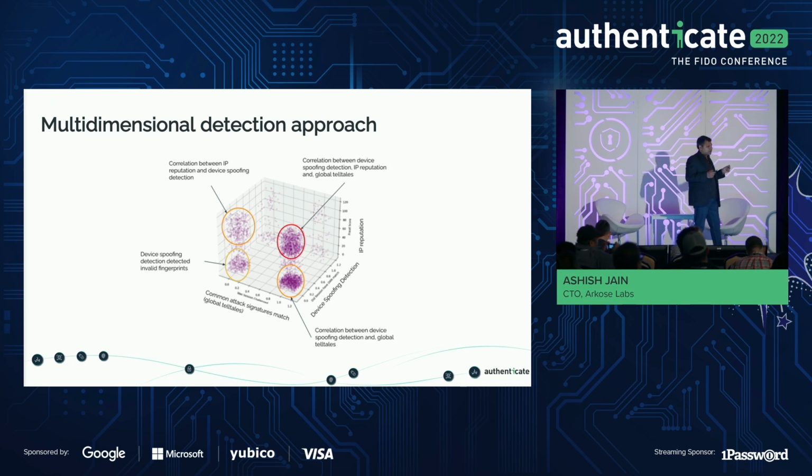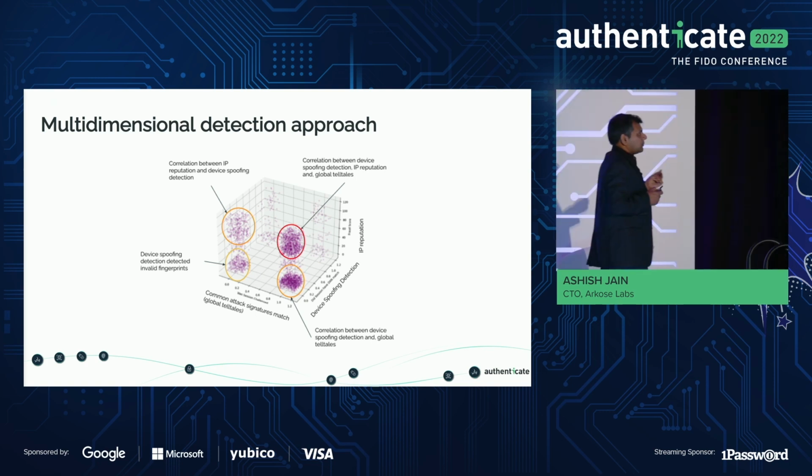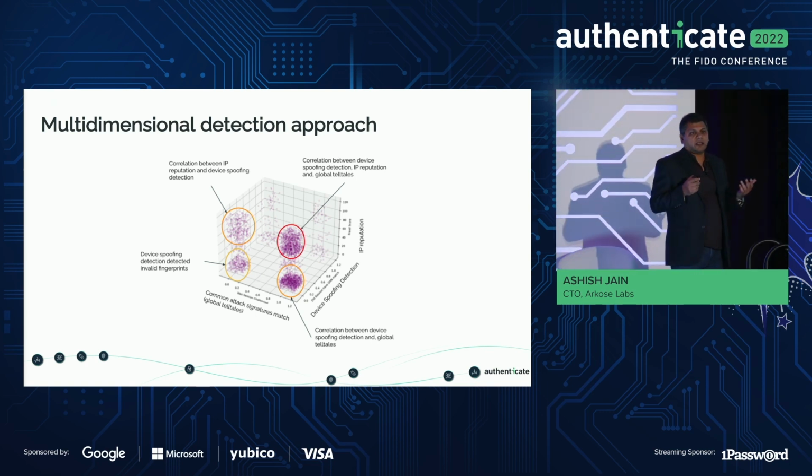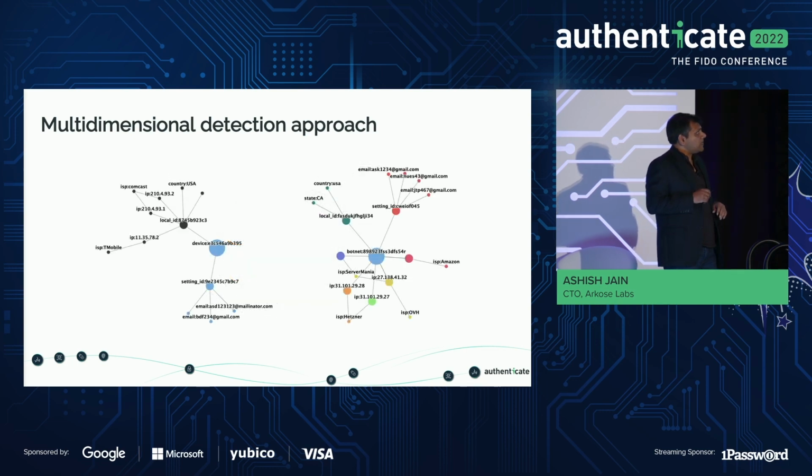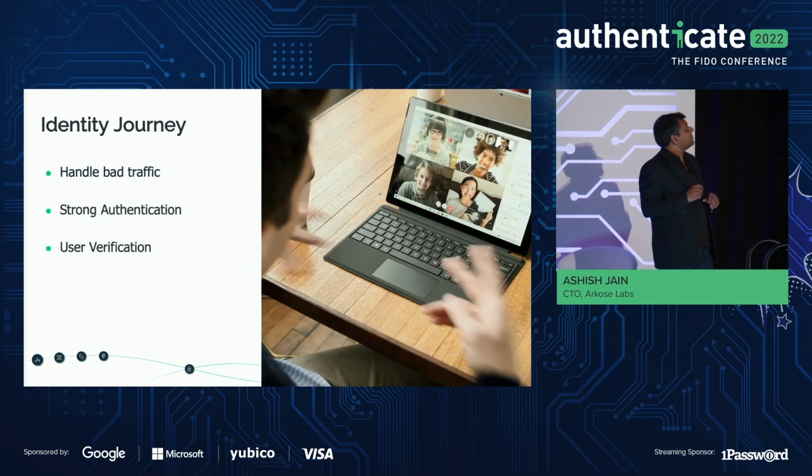On the y-axis, I can detect all the device spoofing. On the z-axis, I can get the IP reputation. I can find the clusters of fraud rings, for which I do not need to have any challenge to the end user. I'm going to skip this in the interest of time.